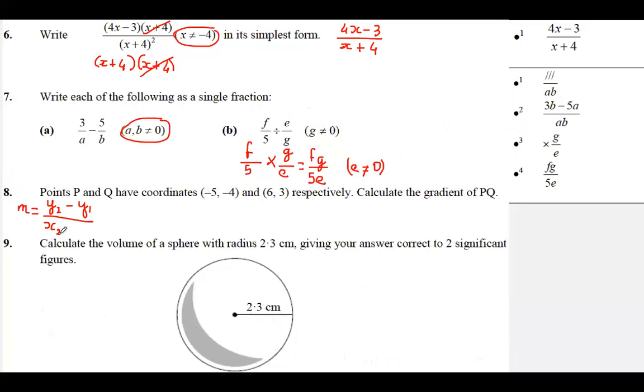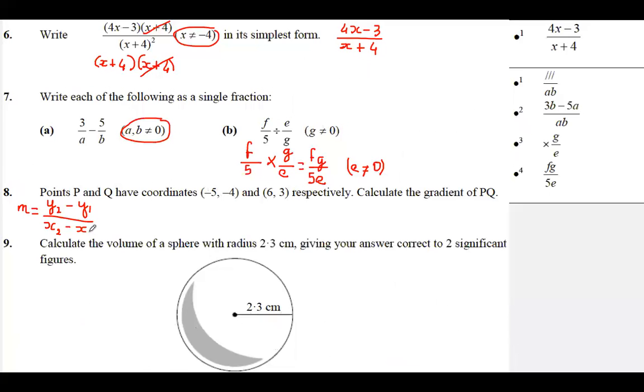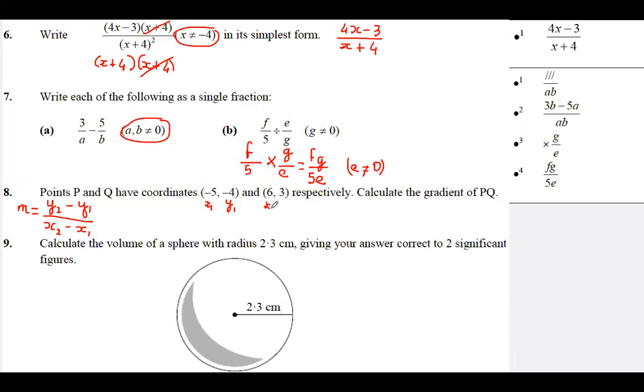So that's the quick and easier way to do it. So you need to pick x1, y1. So we're going to pick point P to be our x1, y1, and x2, y2 are going to be the second point.